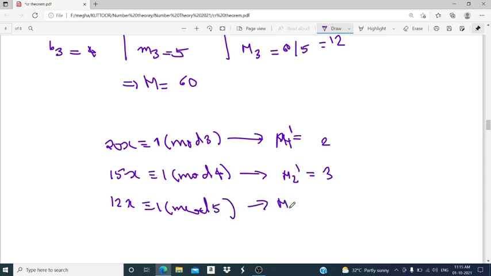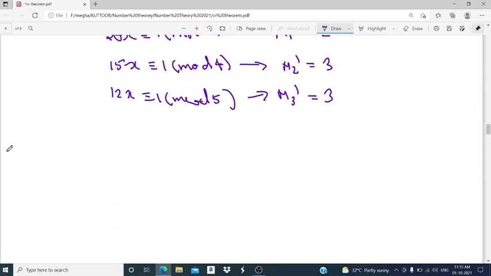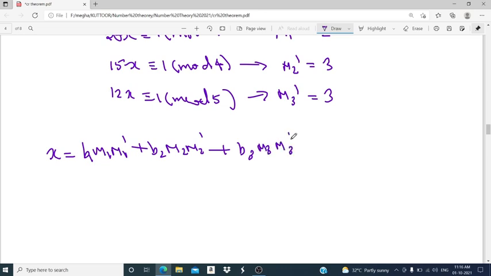Therefore the unique solution m3 dash is nothing but 3. Therefore we can take the solution x as b1 M1 m1 dash plus b2 M2 m2 dash plus b3 M3 m3 dash.